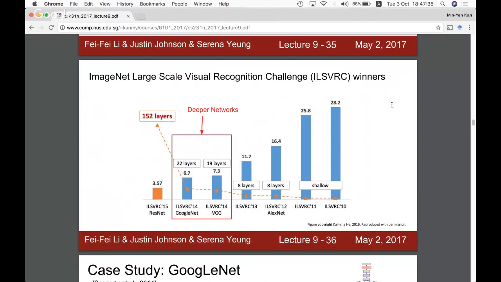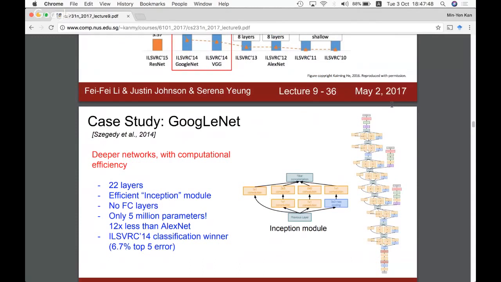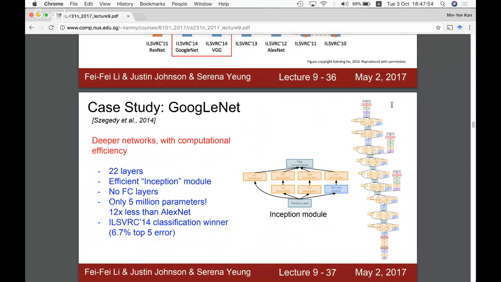In the ImageNet challenge, GoogleNet competed with VGG the same year, but GoogleNet performed a little better. It had an error rate of just 6.7% and emerged as the winner. The major reason GoogleNet was brought up was to make it more computationally efficient.